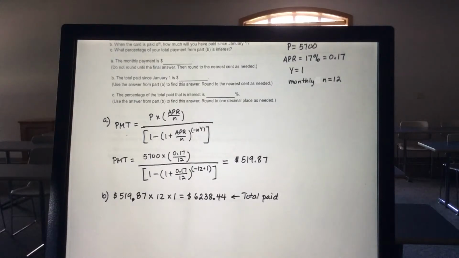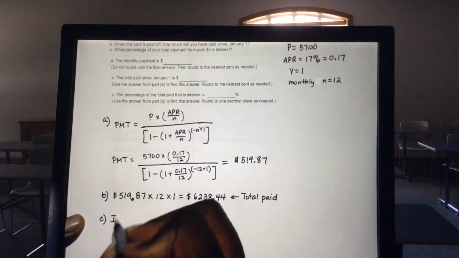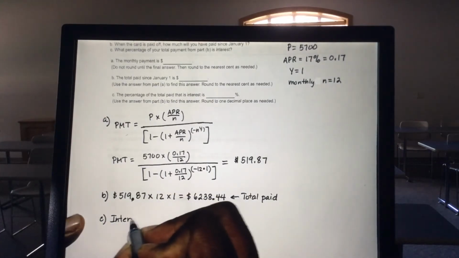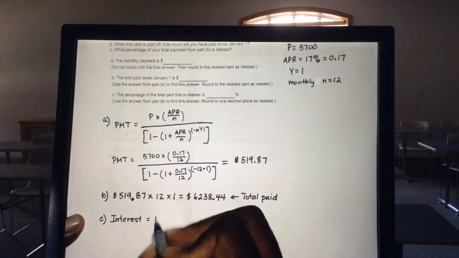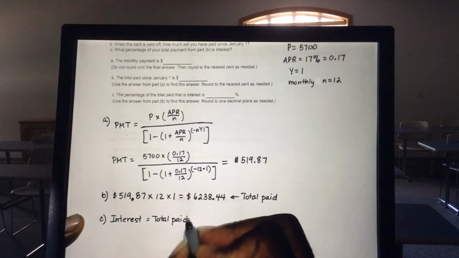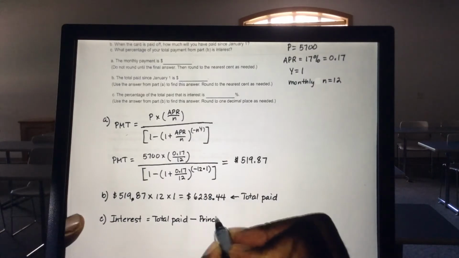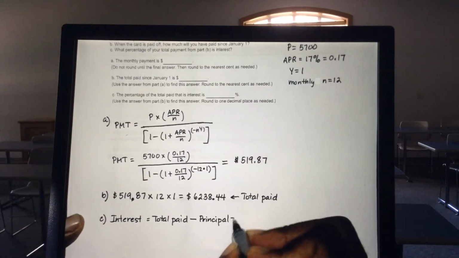Now, part C, they want the percentage of the total paid that is interest. Okay, here's how we find out what the interest is. We take the total that was paid over that year minus the principal, which is that credit card balance.